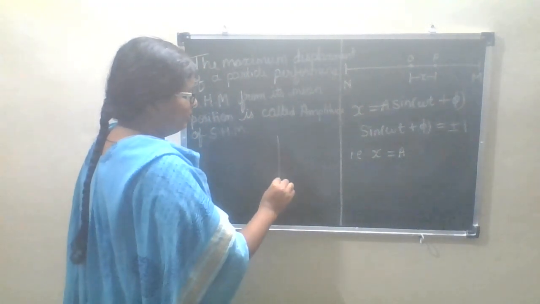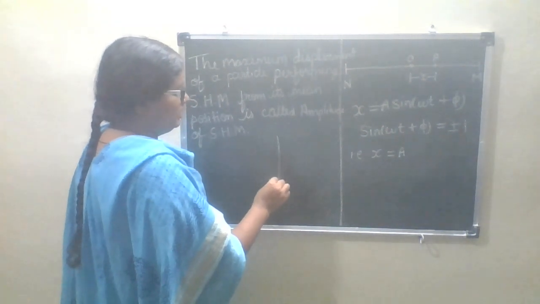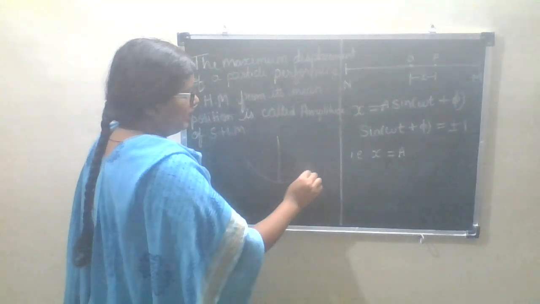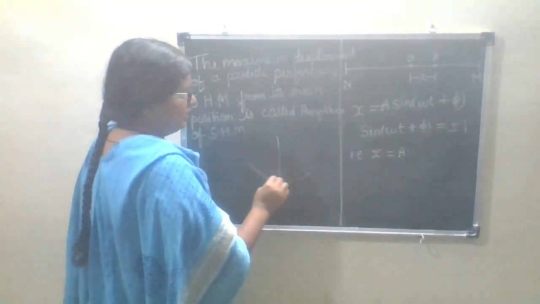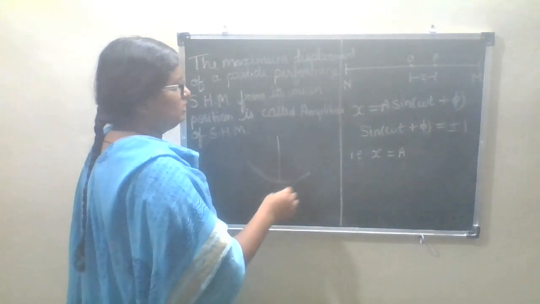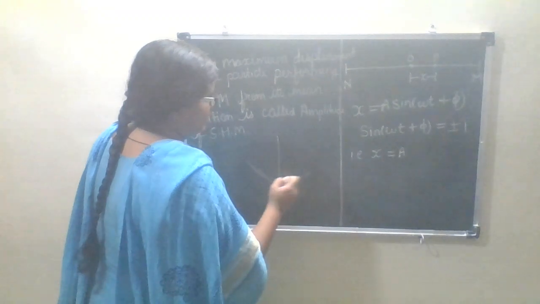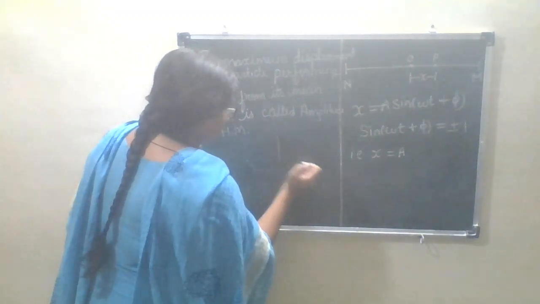This is the mean position of the pendulum, and it swings here and here and here, it oscillates in this way. So we call this point the mean position.